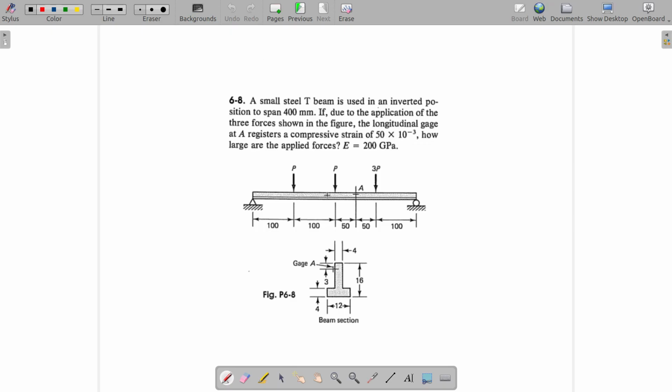Yeah, so this is the problem. Now they are saying that the longitudinal gauge at A registers a compressive strain of this value. So where is the gauge positioned? It's at A. So this is the cross section of this particular beam.